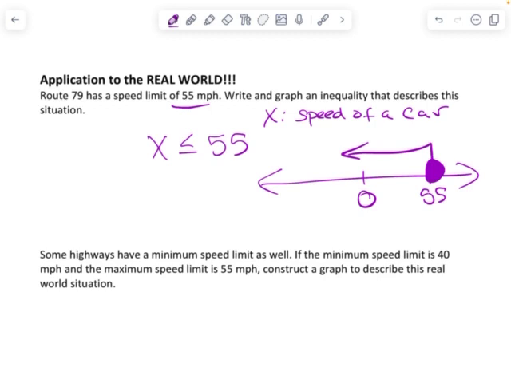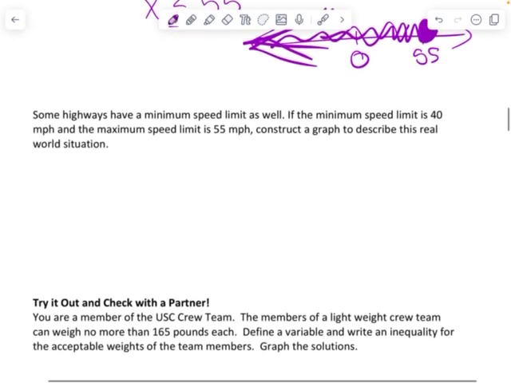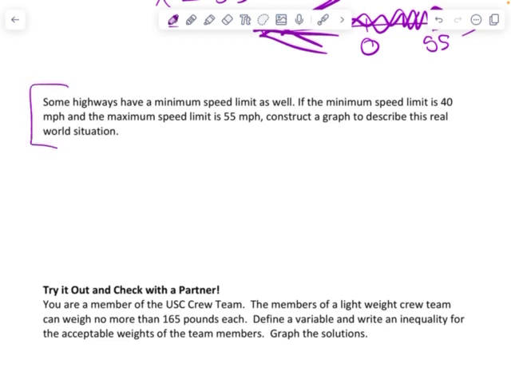No, but for the sake of us just learning how to apply these inequalities to the real world, we're going to just say it's less than. Notice that I did my graph a little differently. You could draw them this way. You could also go back to doing this. Okay, scribble, scribble, scribble with an arrow. Either way works.